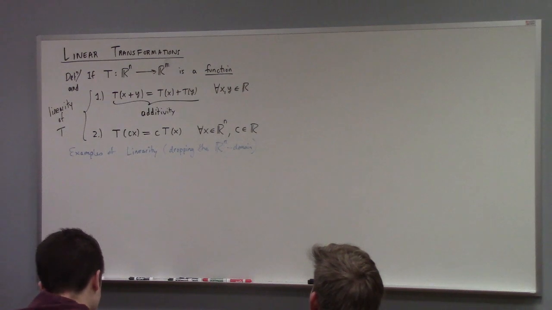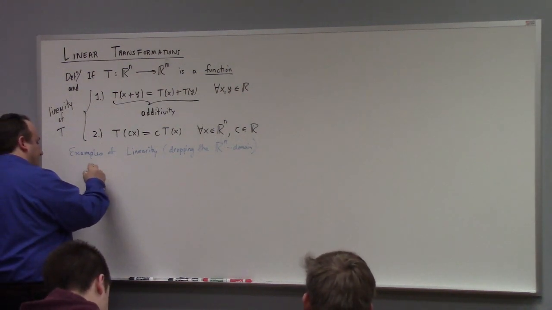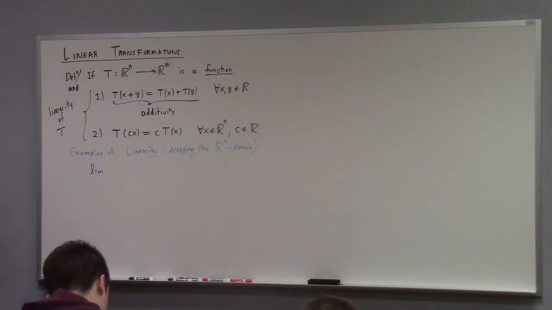Nobody? Your favorite thing? Limit. Right? The limit is linear. It breaks up across sums, and you can pull constants out, right? And then what did that imply the linearity of in turn?